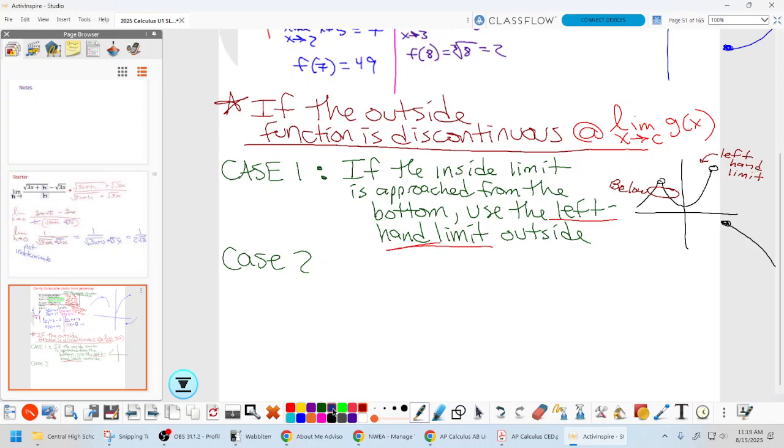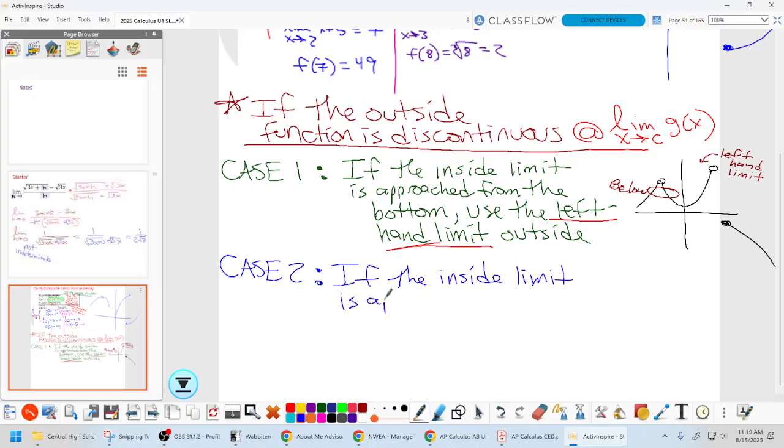Alright, case 2. We're going to have to rewrite all this stuff, but if it's approached from above, what do you think happens? You do the right hand side. Yeah.